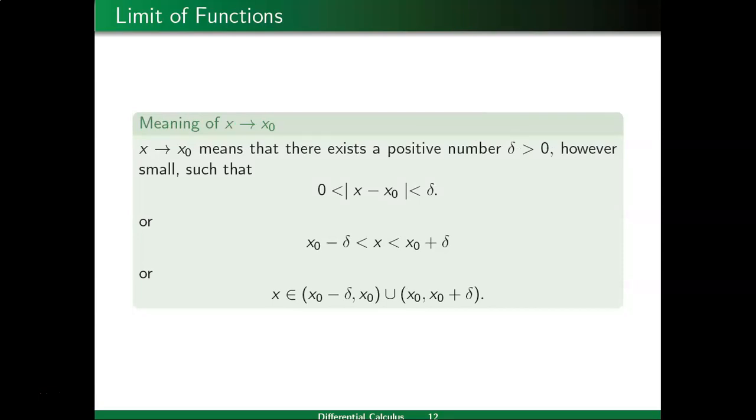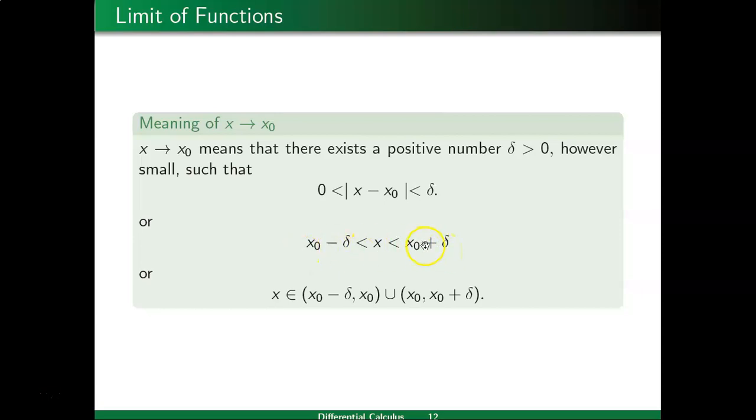Let us see the meaning of x tends to x naught in the epsilon-delta definition of limit. X tends to x naught means that there exists a positive number delta greater than 0, however small, such that when this condition is true, x will lie in x naught minus delta to x naught plus delta.